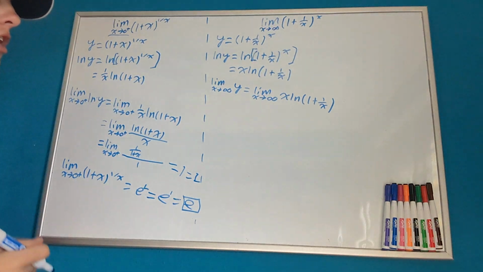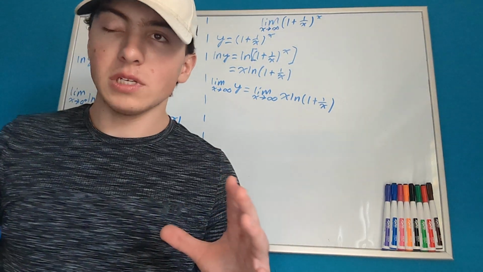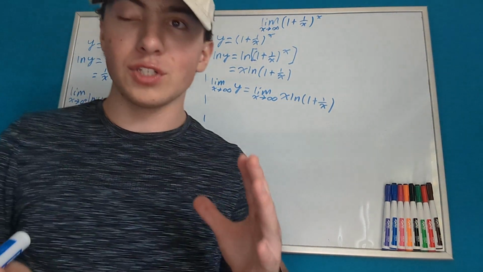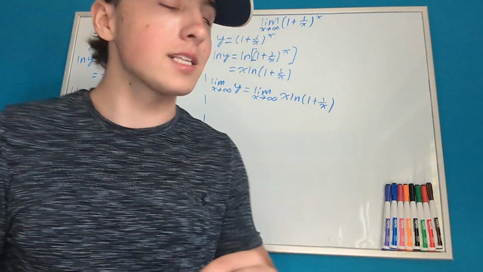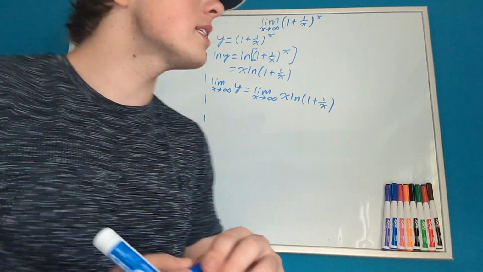As I was saying before, we might get stumped now, because in the last problem we had this reciprocal we could put under, and that made our life super easy. That's not the case anymore, so let's take a look at this.